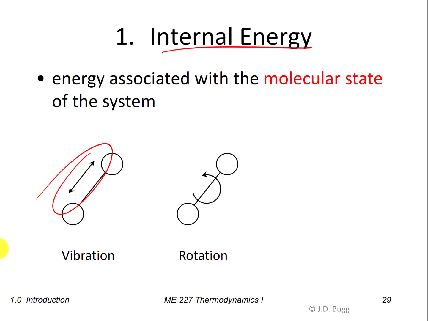Another thing it could possibly do is rotating. So you can think of this as a little flywheel spinning around. So as we add energy, it could rotate faster and faster to store that energy in millions and billions of little flywheels, essentially, in the substance. So this is internal energy because it's storing it internally in the substance. Another thing it can certainly do is translate.